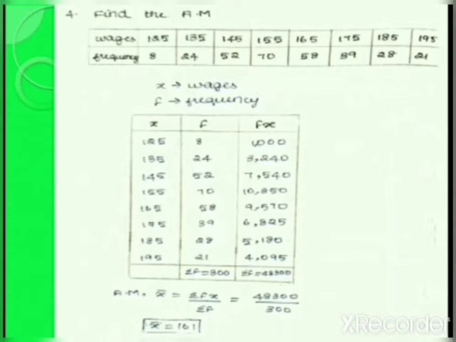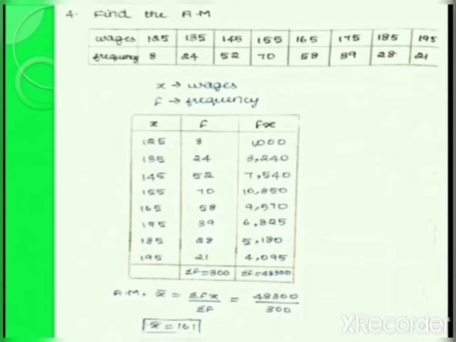Summation fx: we have to find first fx, which is f into x value. So 8 into 125 is 1000. 24 into 135 is 3240. 52 into 145 is 7540. Similarly, we have to find all the values of f into x. So after finding fx, we have to sum all the data.